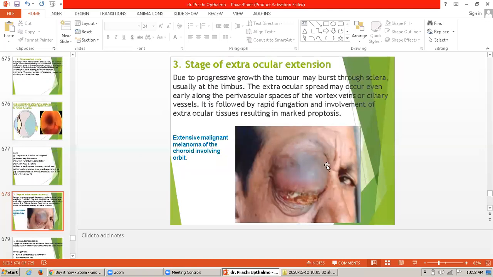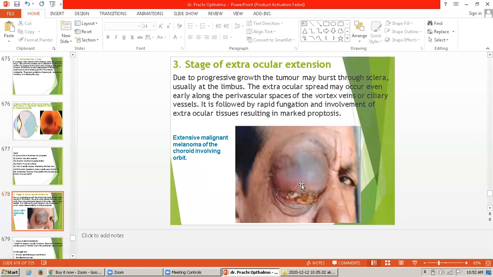So, the stage of extraocular extension. This is a diagram of an extensive malignant melanoma of the choroid involving the orbit.